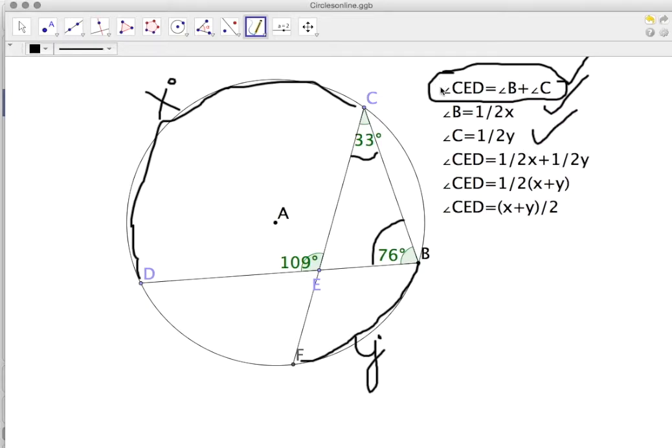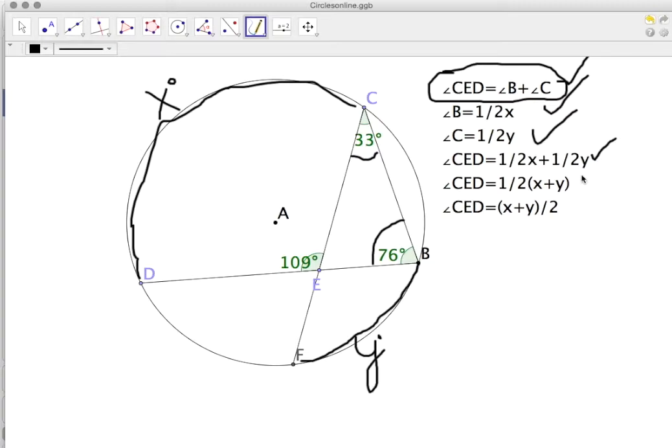So how do we actually take these pieces and mix them together? Well, take a look at what I did here with this first line and this fourth line. I replaced angle B with half of X, and I replaced angle C with half of Y. And if you remember, that's called the substitution method.